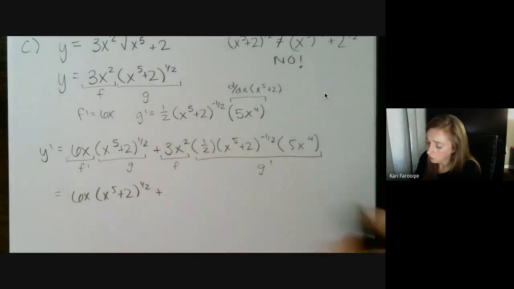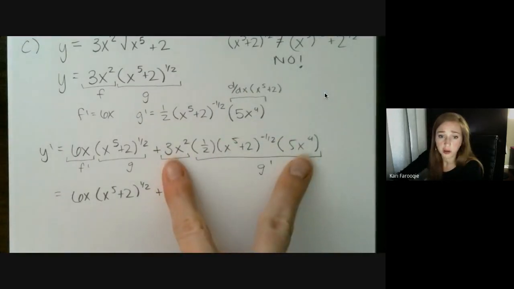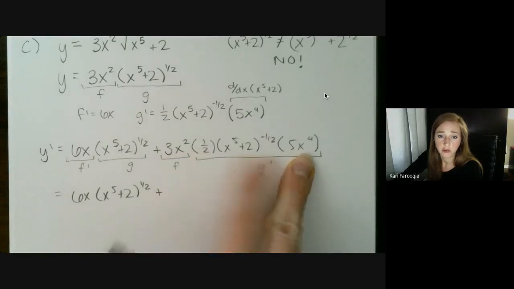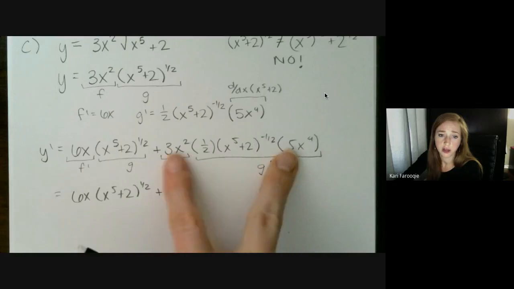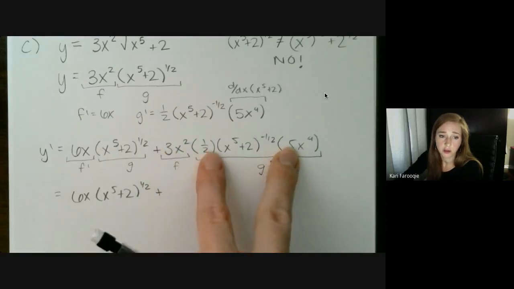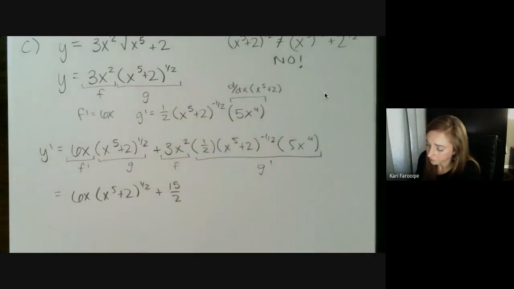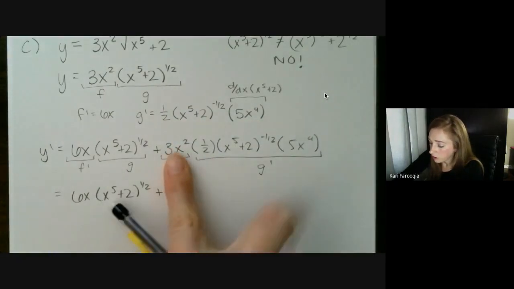What I do want you to do, though, is combine any monomials that need to be multiplied and any constant multiples. So the 3 times the 1/2 times the 5, that should get multiplied. So 3 times 5 is 15. 1/2 times 15 is 15 halves. And then you have x squared and x to the 4th.